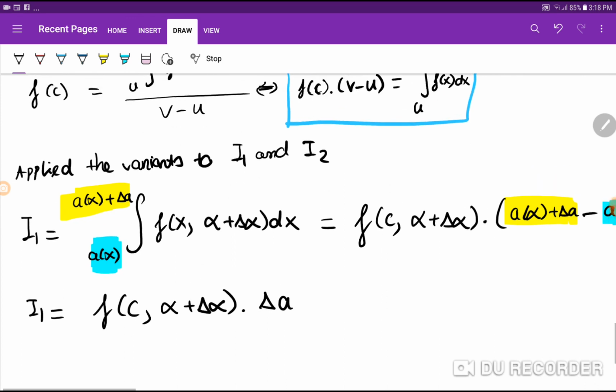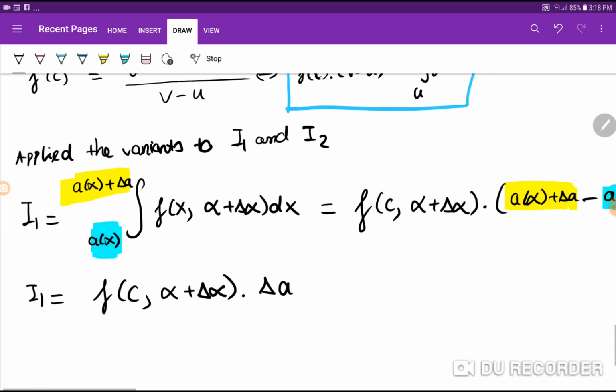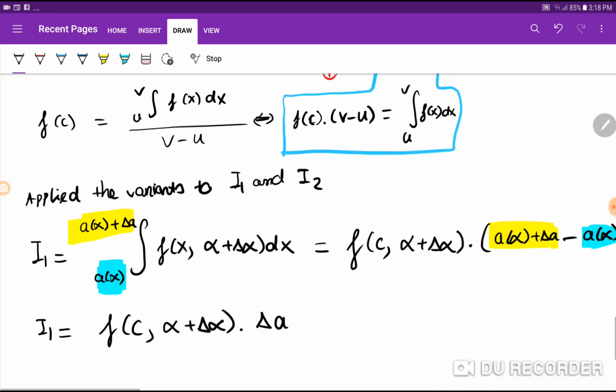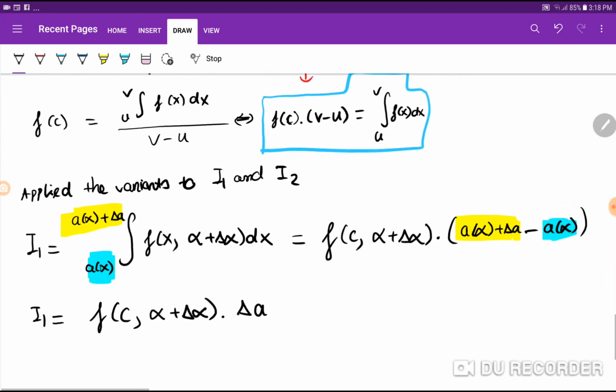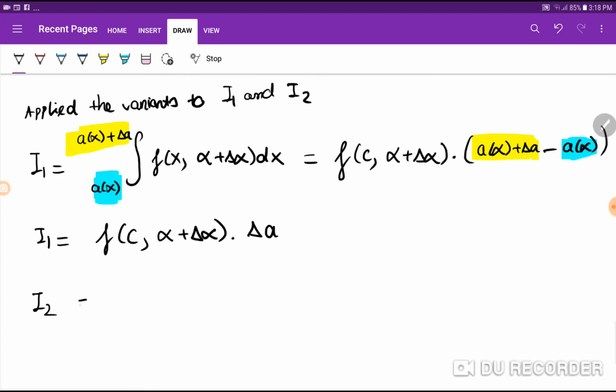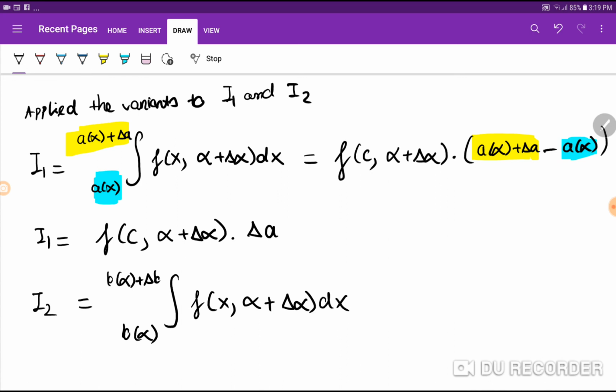Awesome. Okay, cool. Similarly, you have I2 equal to the integral from B(alpha) to B(alpha) plus delta B of f(x, alpha plus delta alpha) dx.